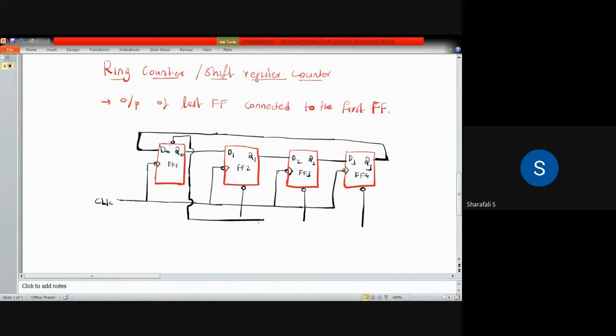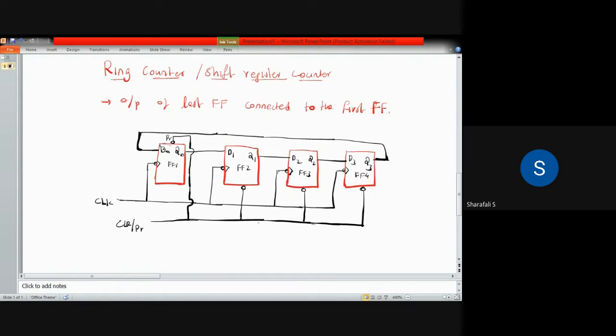Let me complete this diagram. I will explain what these things are. So this is clear, or you can write CLR for clear, not a problem. So we have clear and preset. This is your preset, and this one is your clear line.